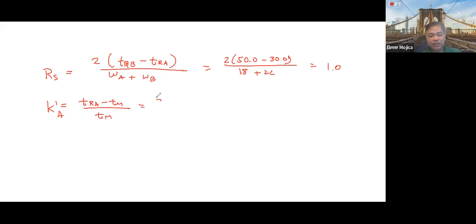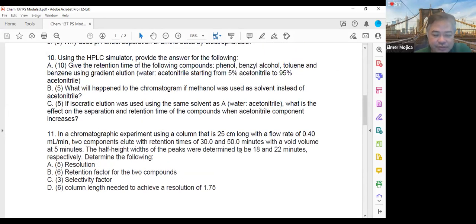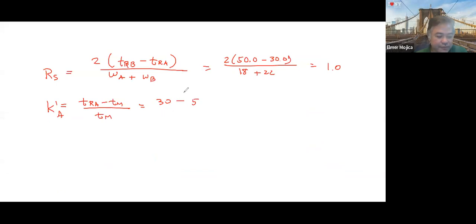That is 30 minus what is the void volume there? 5 minutes. So 30 minus 5 over 5.